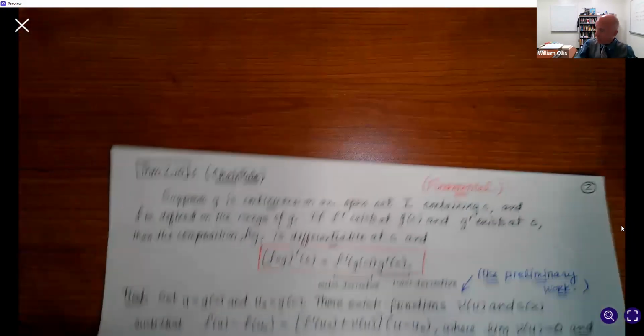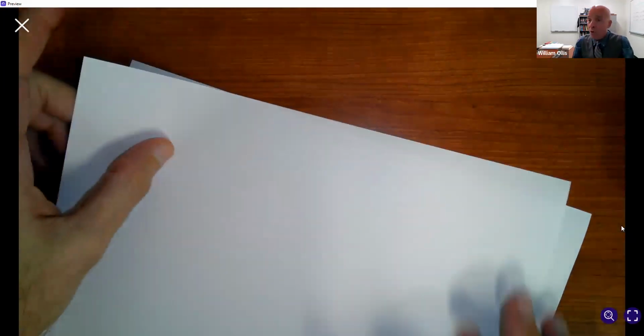So let's look at some examples. I think you'll find that in general, working with the chain rule is very much like the process of working with the product rule, working with the quotient rule, working with the power rule. We just simply want to add the idea of composition to the mix.